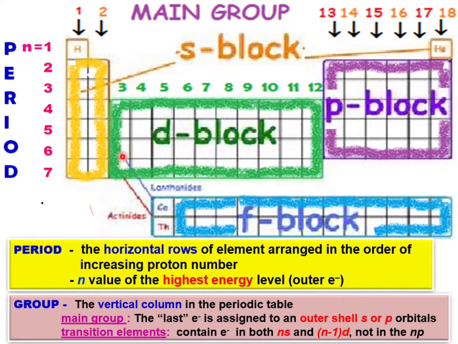So dekat tengah-tengah ni lah beradanya transition element. So please tolong identify yang mana main group element and transition element, sebab dia akan jadi sukar jika you tak faham nanti bila you nak determine the group and the period for the element.